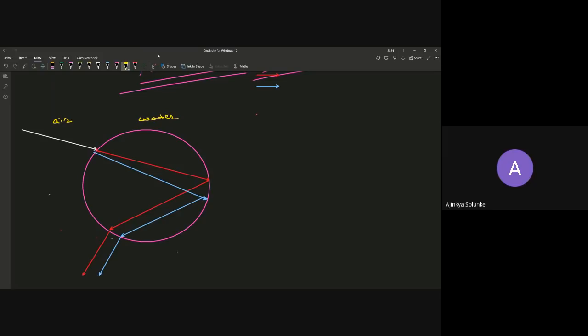We just want to know what is happening at each stage. The first stage, this one. At first stage, what is going to happen is your refraction, and the second thing that is happening is dispersion. Agreed with this?